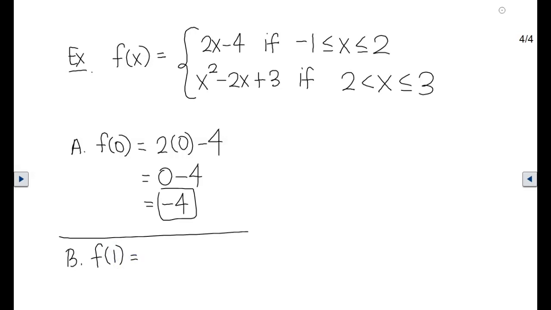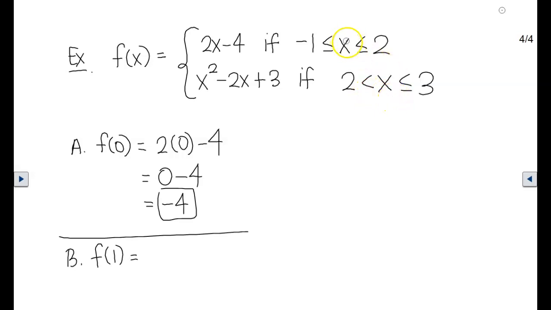f of 1. So again here, I'm going to plug 1 into one of these two rules, never both. So to figure out which rule to plug into, I have to take that 1 and figure out which domain it belongs to. And I think we can all see 1 fits in with this first domain. -1 is less than or equal to 1 as an x value, and 1 is less than or equal to 2. 1 would not fit right here for x. 2 is not less than 1.